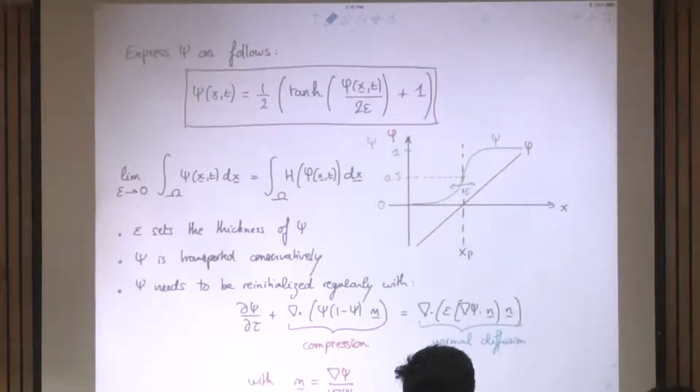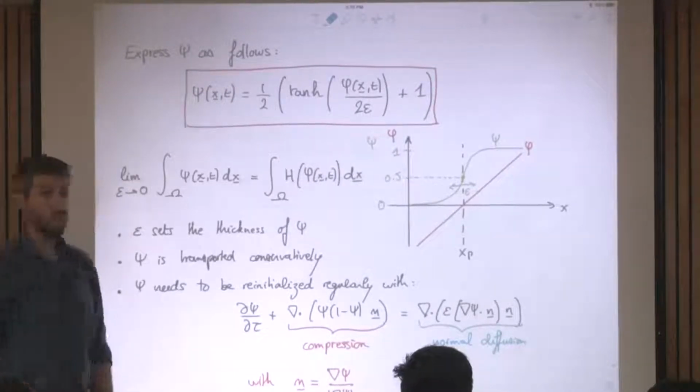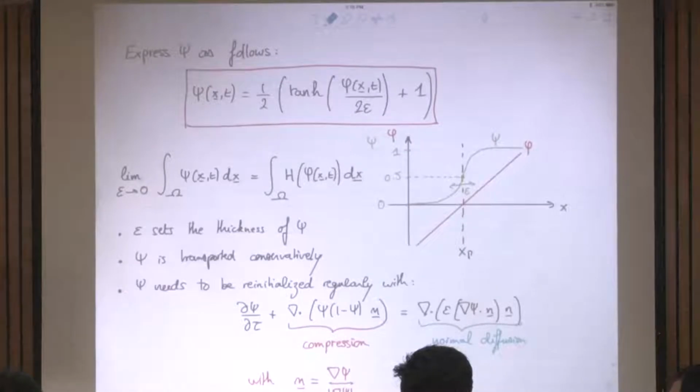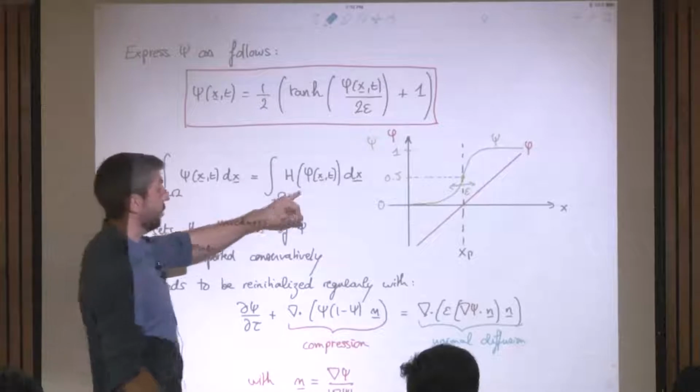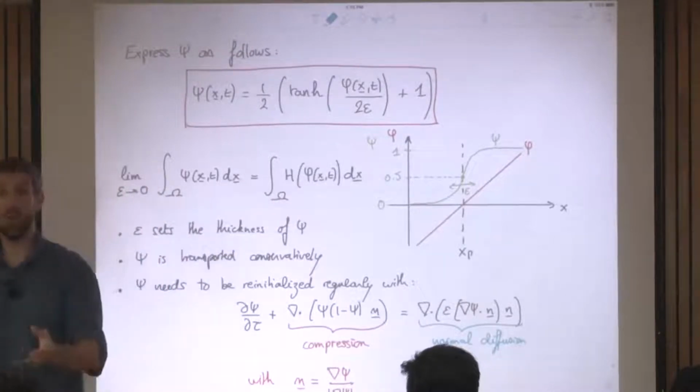And you'll notice as well that this equation is a conservative equation. It's written as a divergence of fluxes. So if I solve my conservative transport followed by this conservative reinitialization, I will conserve my psi variable. Conserving my psi variable is close to conserving the volume enclosed by my isosurface.